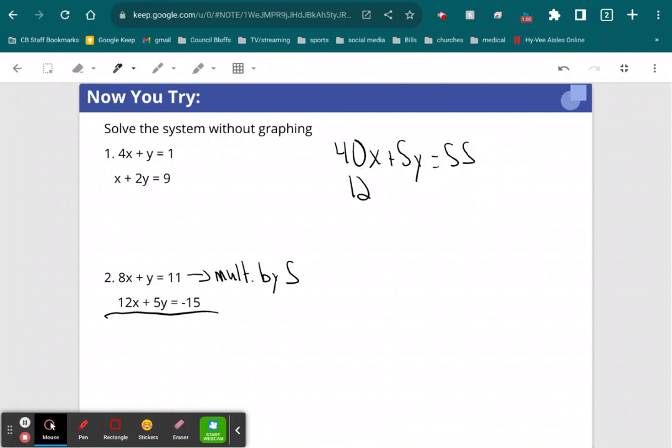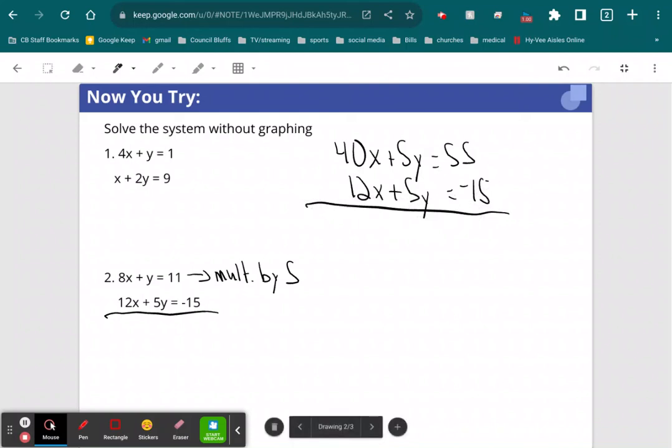And if I keep the second equation the same, 12x plus 5y equals negative 15, we can see that if I subtract, 5y minus 5y is 0, and the y ends up disappearing. So I'm now going to subtract both equations.